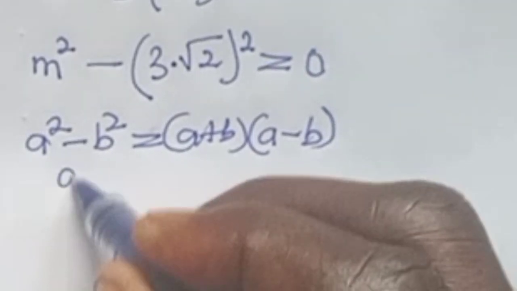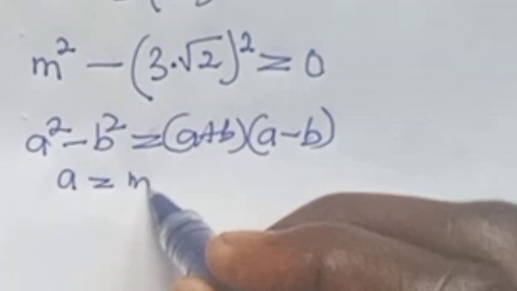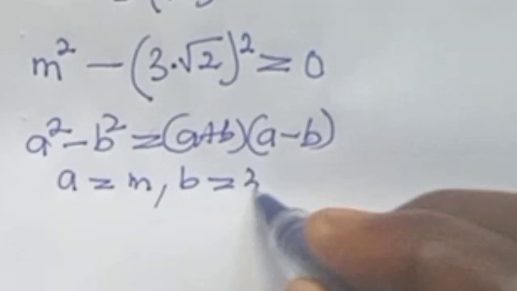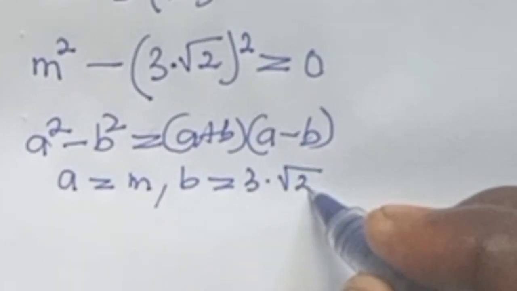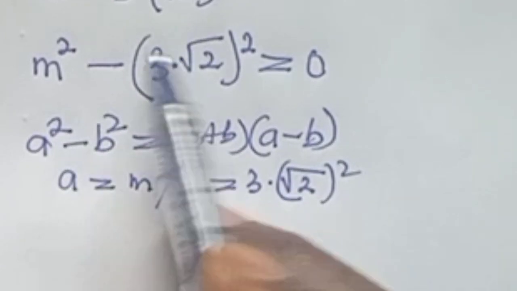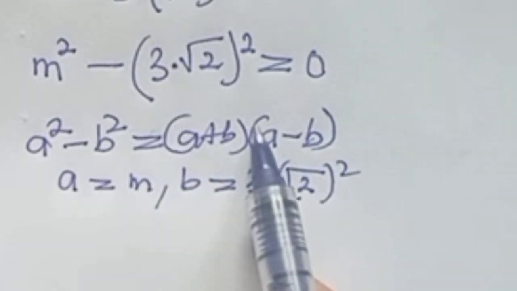Here, a is equal to m, and b is equal to 3 times the square root of 2. So, since this is in the form of this, we're therefore going to write it in this form.